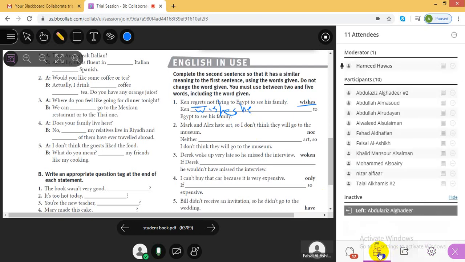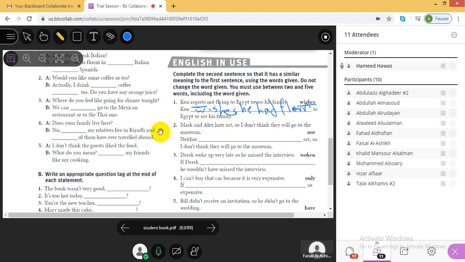You're not with me or you are somehow lazy. So, Ken wishes he had. I will use past perfect because that action happened first. So he regrets now. Ken wishes he had flown. Verb 3 of fly is flown, right? He had flown to Egypt to see his family. Very good. So let's come to number 2.